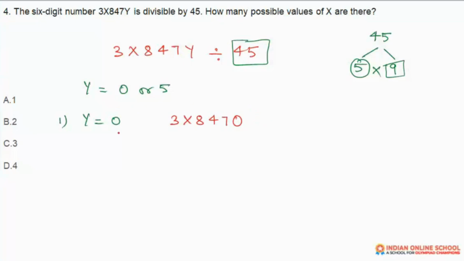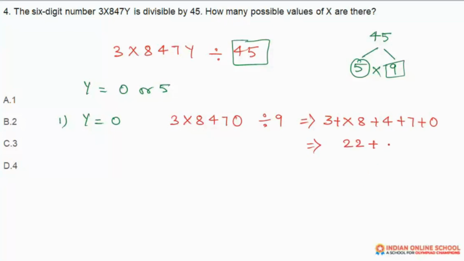Okay, by 5 we have already put the condition. Now we need to check it by 9. For divisibility of 9, there is one rule: the sum of all the digits in the number should be divisible by 9. And when we add all the digits together, the total we are getting is 22.